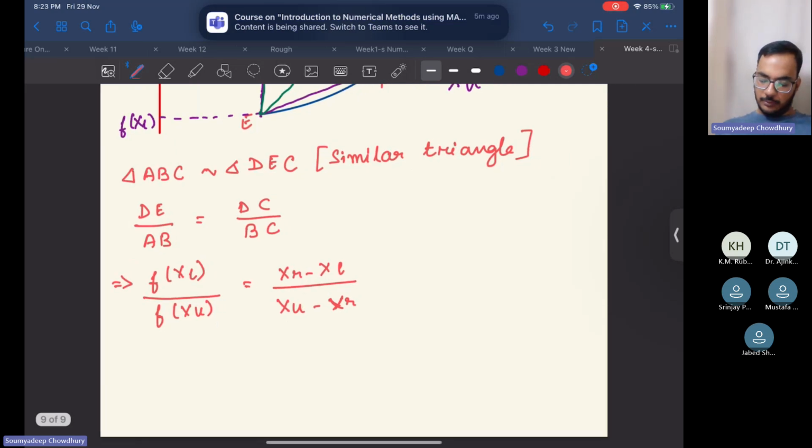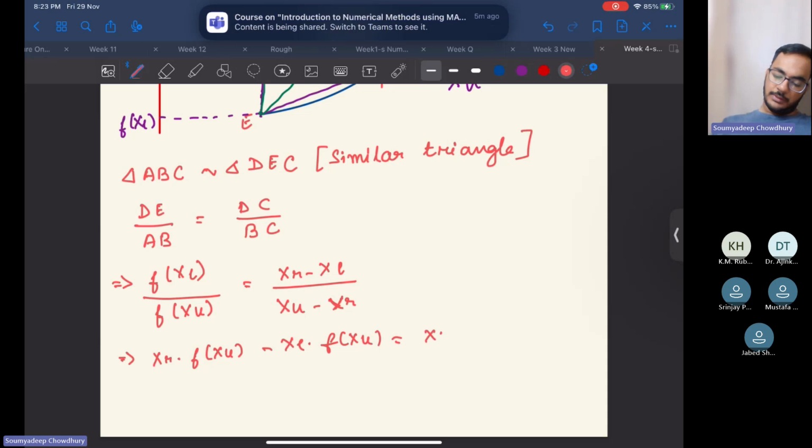So if you substitute and simplify this, we get XR f of XU minus XL f of XU equals XU f of XL minus XR f of XL. If you simplify this, you can find out XR.